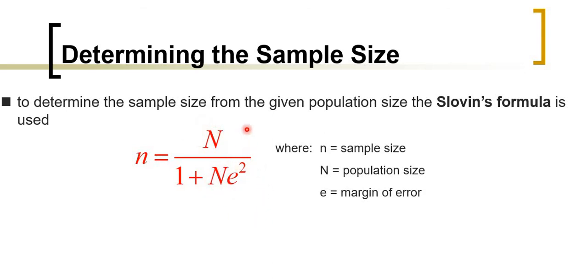So all we need to know is the population size and your margin of error of choice, and we can already compute our sample size, even though you don't have your confidence interval.